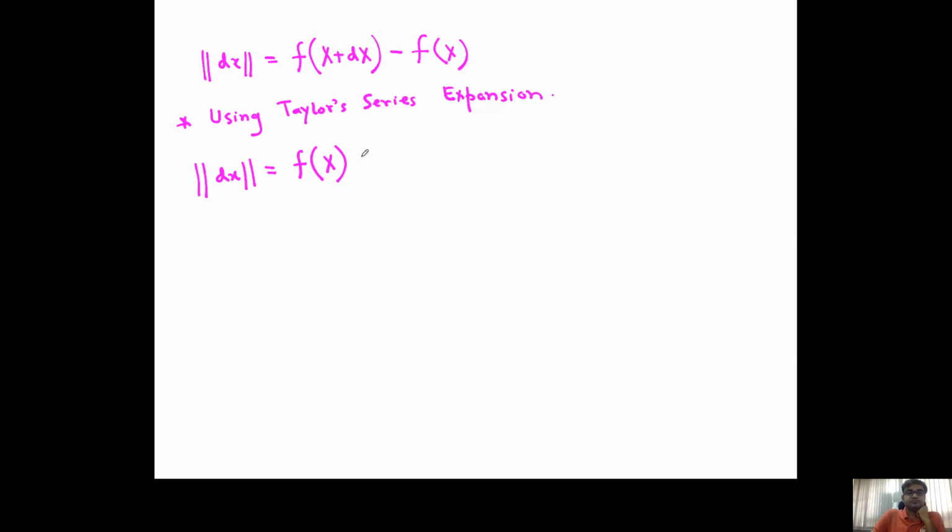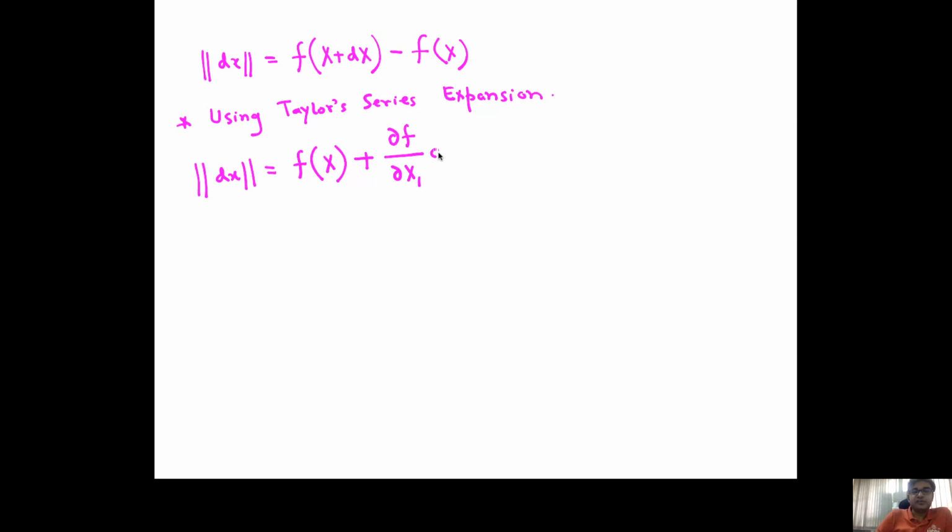plus del f by del x1, the first component of dx, times, so it is Taylor series expansion times h.